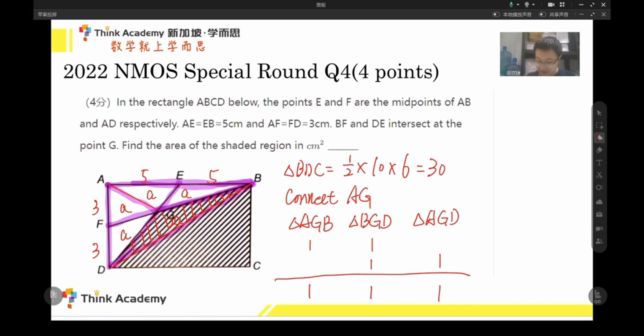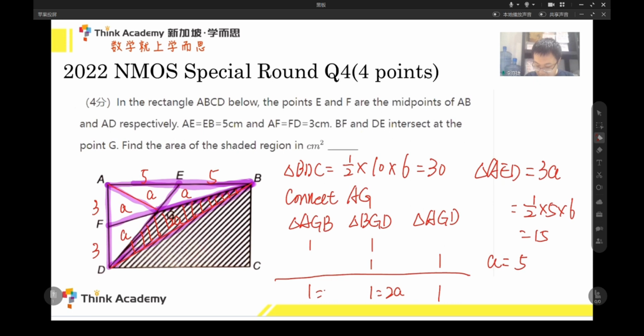We have seen that the triangle AED will equal 3 A's, and it has an area of 5 times 6 and a half, which is 15. Then we get 1A equals 5, and the area of BGD is 2A, which makes it 10.